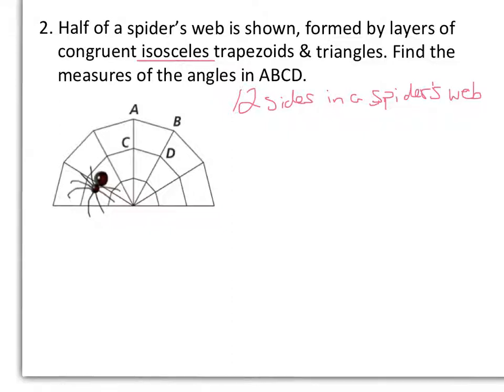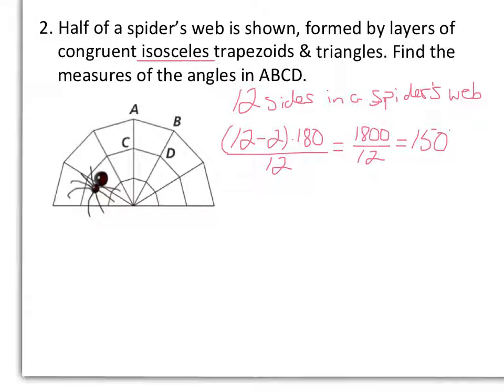So if I want to find the measure of each of my angles, going back to chapter 3, we'll use that formula, number of sides minus 2 times 180, and then we'll divide by how many sides there are, which is 12. So we have 1800 divided by 12, which is 150 degrees.